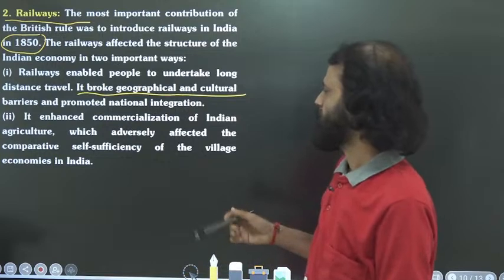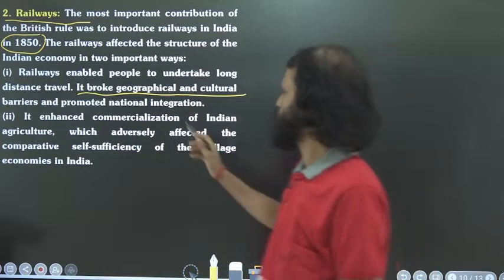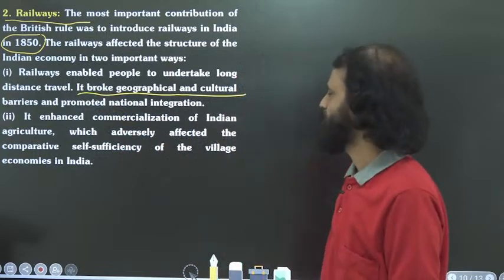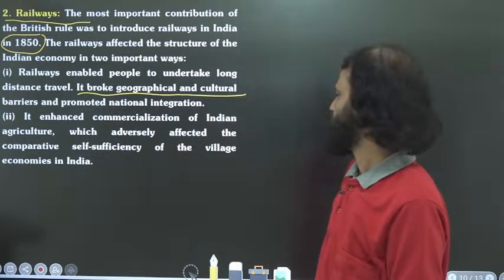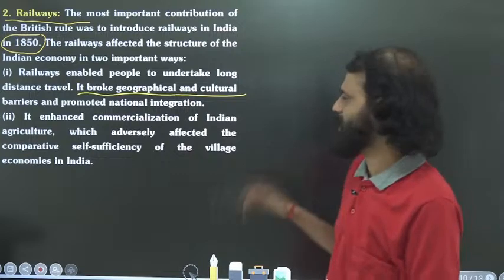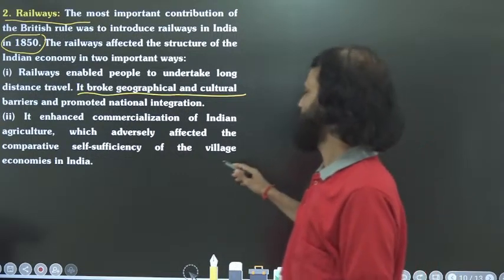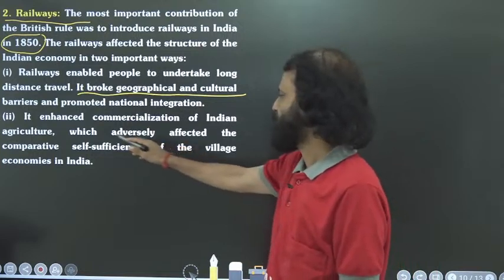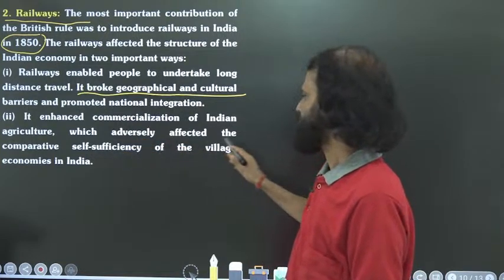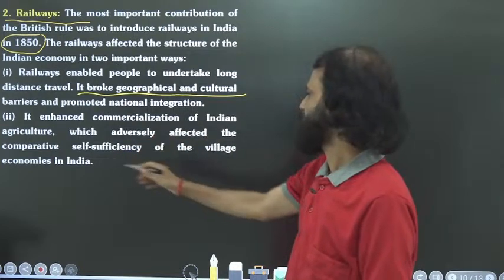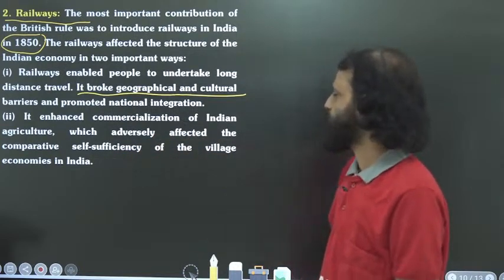After that, what happened? They also promoted commercialization of agriculture. Once commercialization of agriculture was promoted, Indian villages felt it, which adversely affected the comparative self-sufficiency of the village economies.